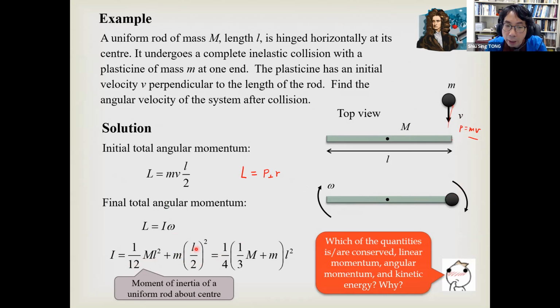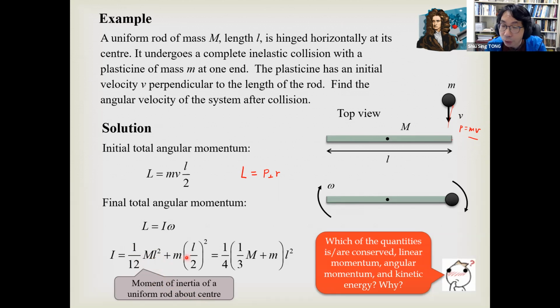So small m (a/2)². And for the rod, for a uniform rod about the center, the moment of inertia is 1/12 Ml². Now we already calculated this in a previous discussion, so we don't repeat it. This is the moment of inertia of a uniform rod about the center.